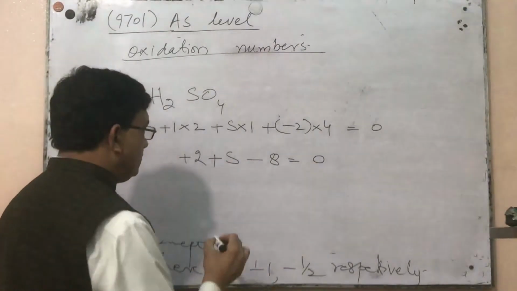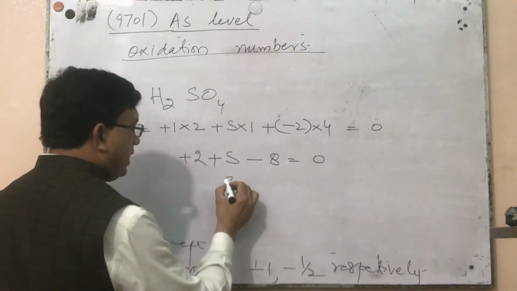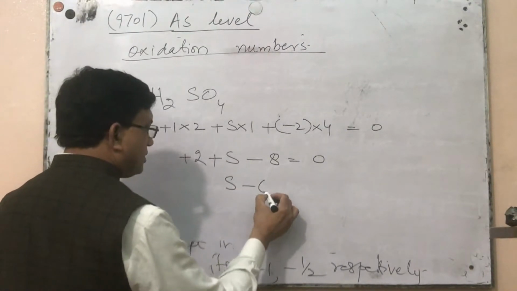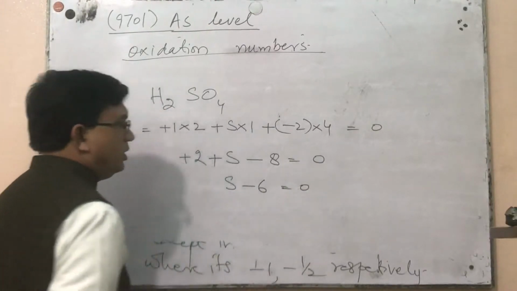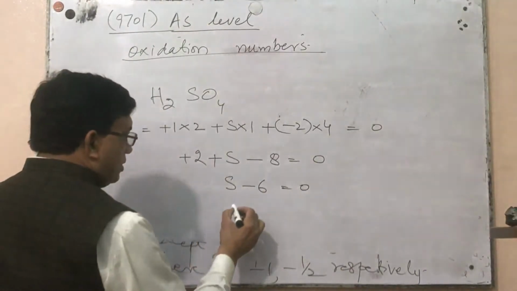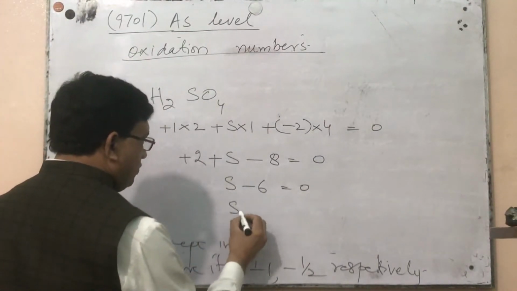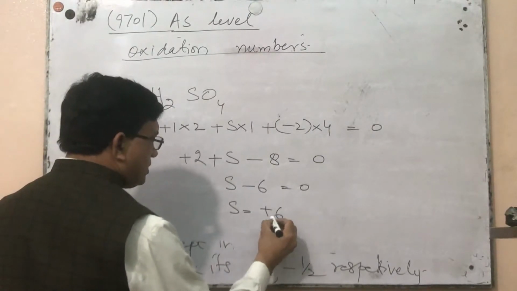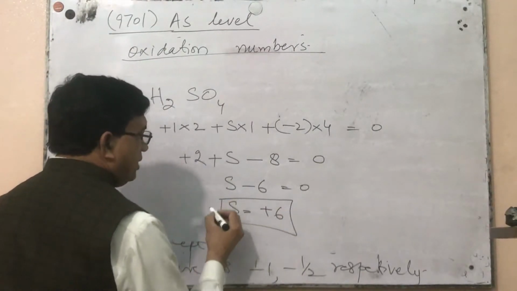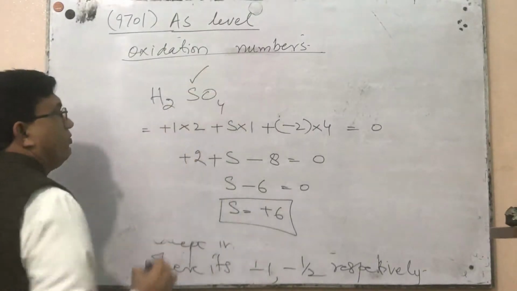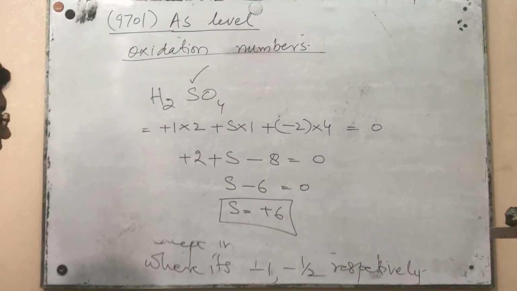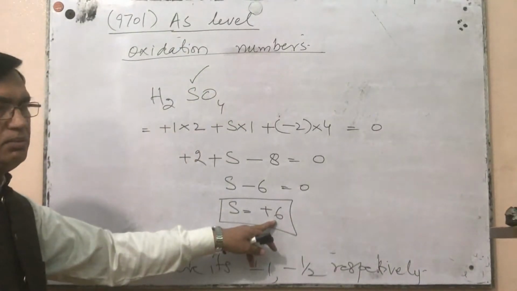If we solve this, we will find S - 6 is equal to 0. If we shift this -6, it will become +6. It means that the oxidation state of sulfur in sulfuric acid is +6.